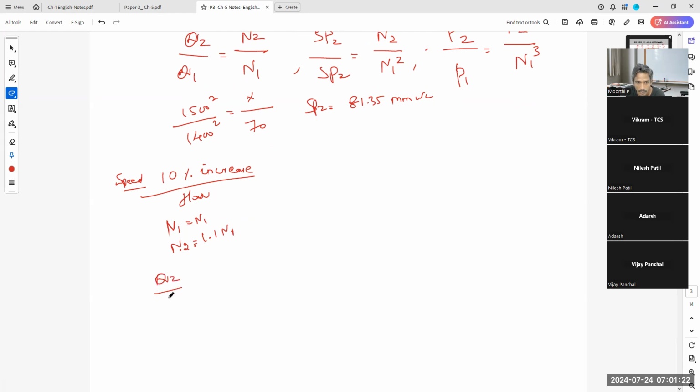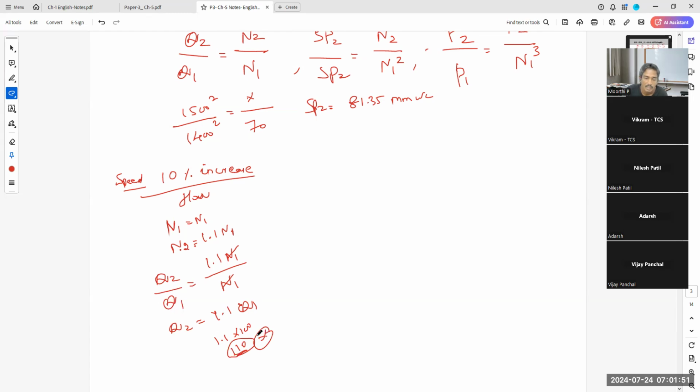Same, Q2 divided by Q1 equals N2 divided by N1. N2, what is the value? 1.1 N1 divided by N1. There is no difference, so N1 cancels. Next, Q2 equals 1.1 Q1. So 1.1 into 100, what will happen? 110.